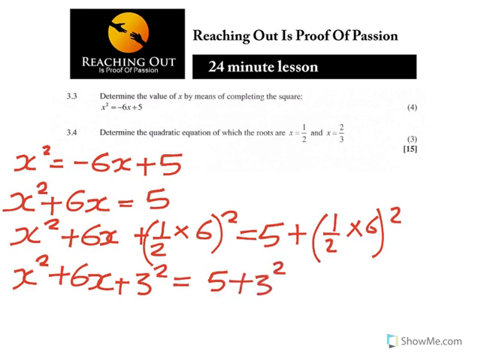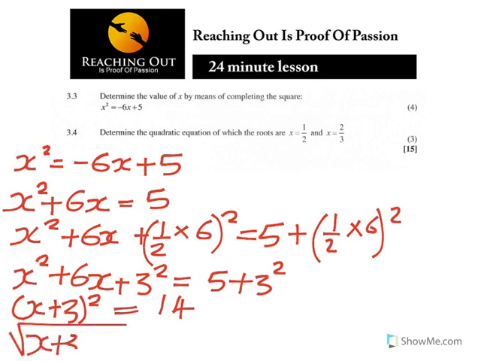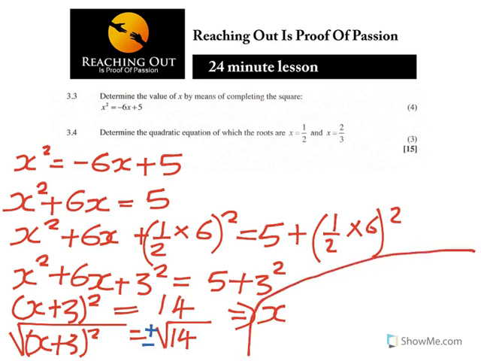And then when you continue now, we are going to have x plus 3 squared in essence is equal to, using a calculator, you're going to get 14. Now how do you simplify that? You square root both sides. X plus 3 is equal to the square root of 14. But remember, whenever you're doing that, you must say plus or minus square root of 14. Now to write your final answer, I can write it so that I don't mess up.